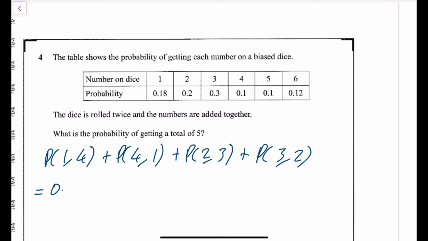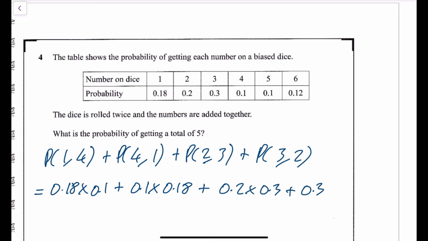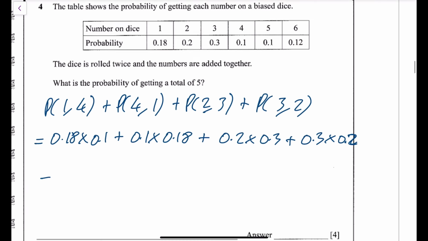So that is, a 1 and a 4 is 0.18 times 0.4, and then 4 first is 0.4, and then a 1 is 0.18. Then a 2 is 0.2 times a 3, which is 0.3, or you could get a 3 first and then a 2. Fire that into your calculator. I got 0.156 as my answer.